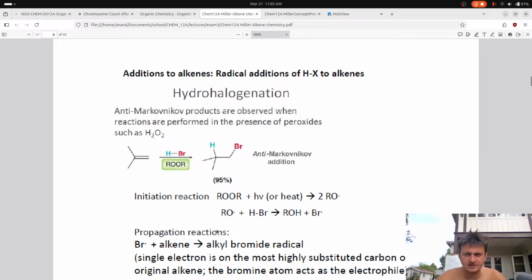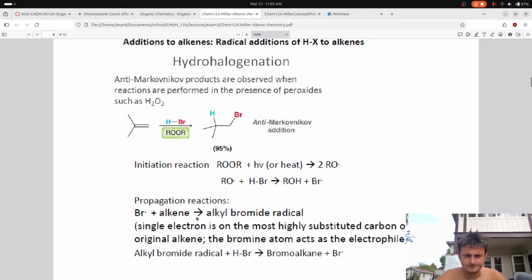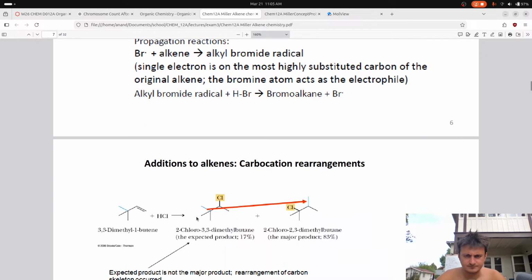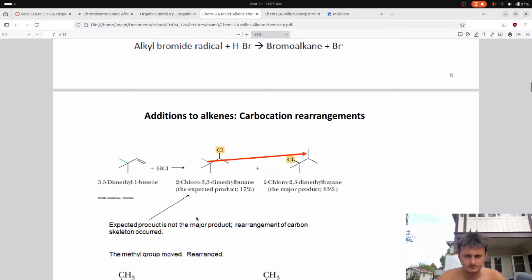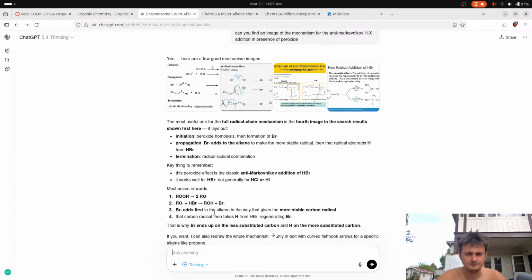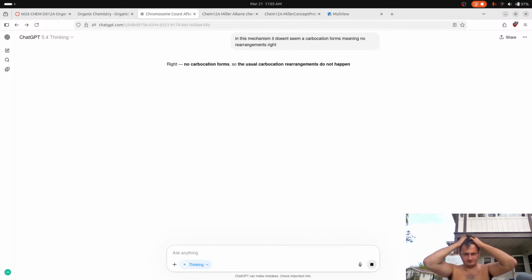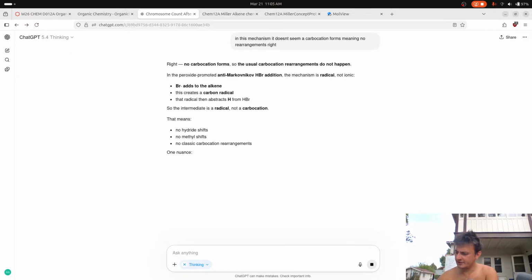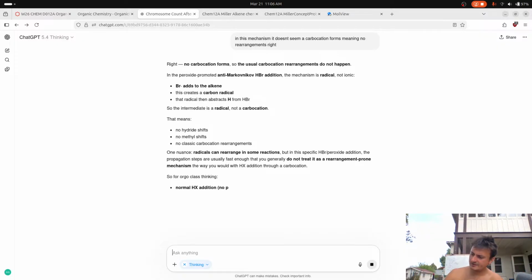Does my notes actually say that? Okay, so in the anti-Markovnikov, did I write this down actually?